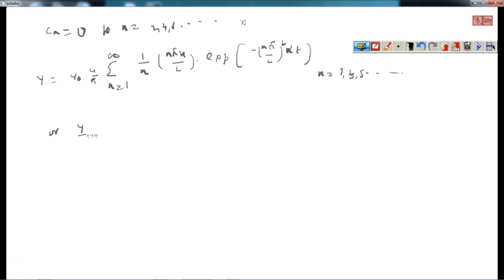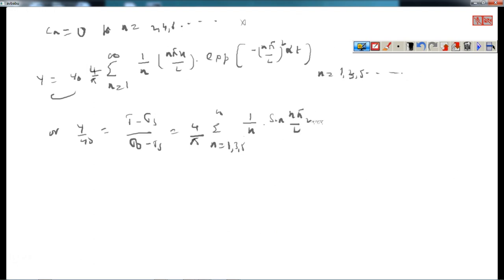Or, if y naught comes here, y by y naught, which can be written as T minus Ts by T0 minus Ts, equals 4 by pi, sigma n equals 1, 3, 5 to infinity, 1 by n into sin n pi by L into x, into exponent of minus n pi by L whole square alpha t.